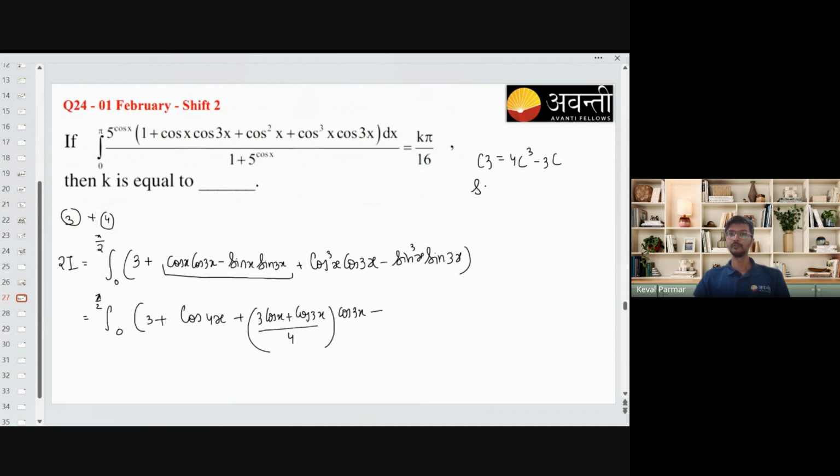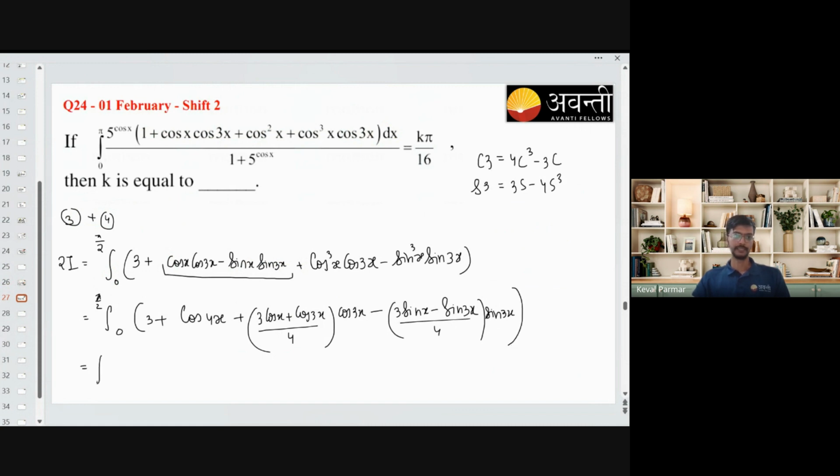Similarly, sin 3x is 3 sin x minus 4 sin cube x. So I can write sin cube x as 3 sin x minus sin 3x by 4, into sin 3x.